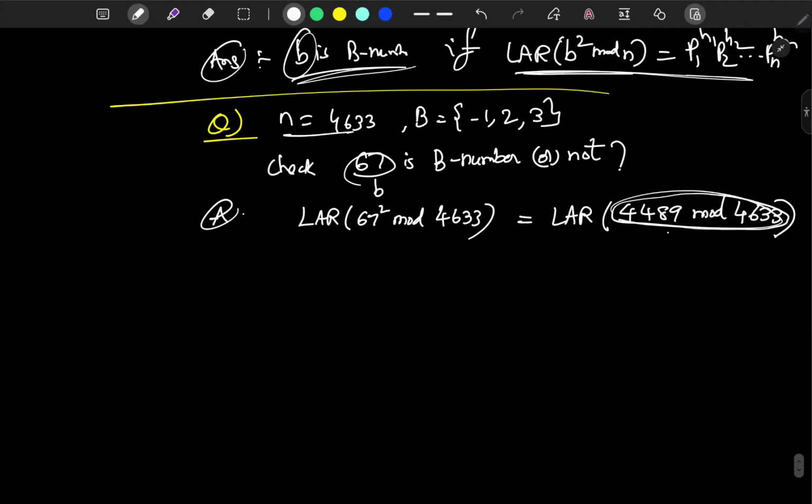What is the value of m? m equals 4489 mod 4633. The m value 4489 is greater than n by 2, n by 2 meaning 4633 by 2.